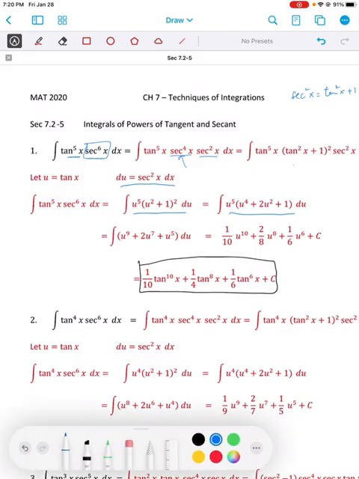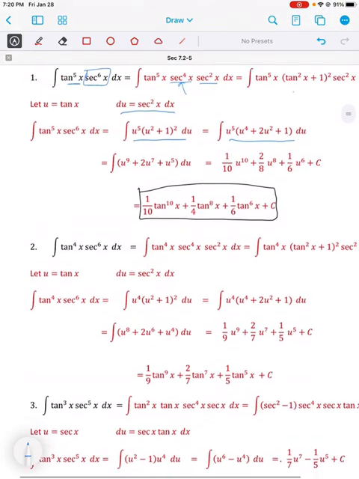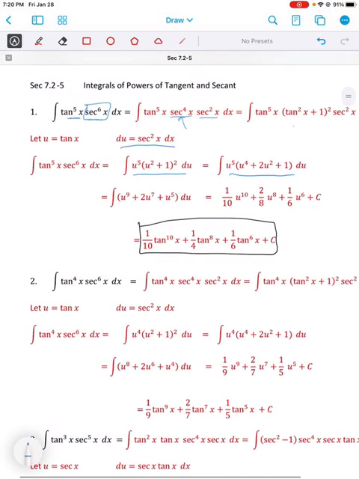So the next example I took is when the power on secant is still even, but now we have an even power on tangent as well. So it doesn't matter again whether the power on tangent is even or odd. The important thing is that the power on secant is even. Again, in this case, you will follow the same procedure.